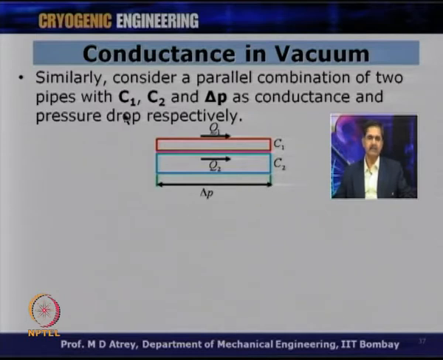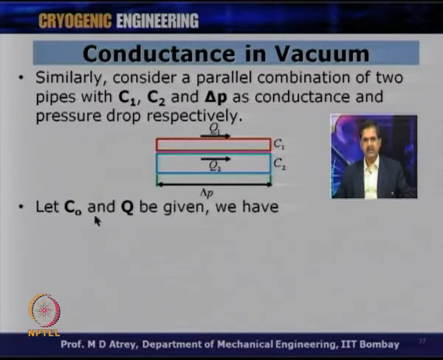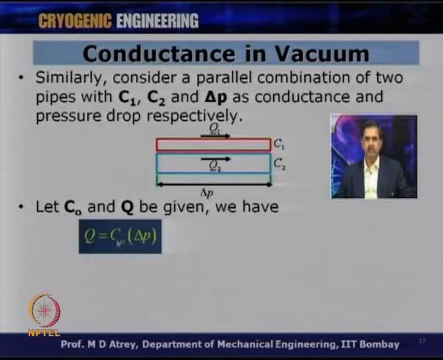This was not the case when they are connected in series. So, let C0 and Q be given, and then we have delta P be the same. We know that Q is equal to C0 delta P, which is the overall Q, and we know that Q is equal to Q1 plus Q2 also, because Q is coming in here and Q is coming out here.